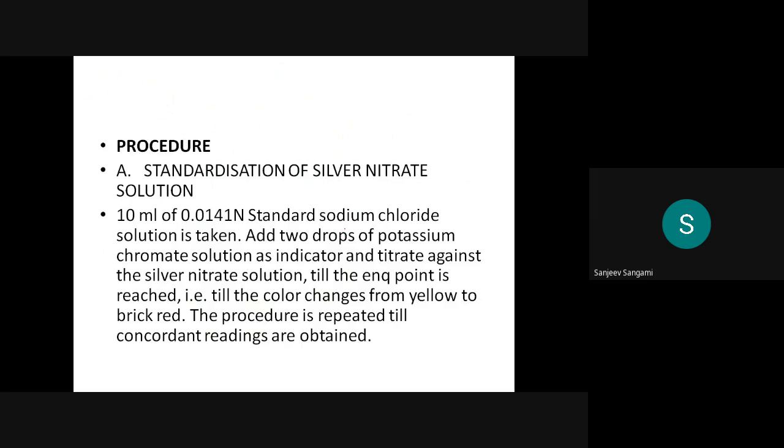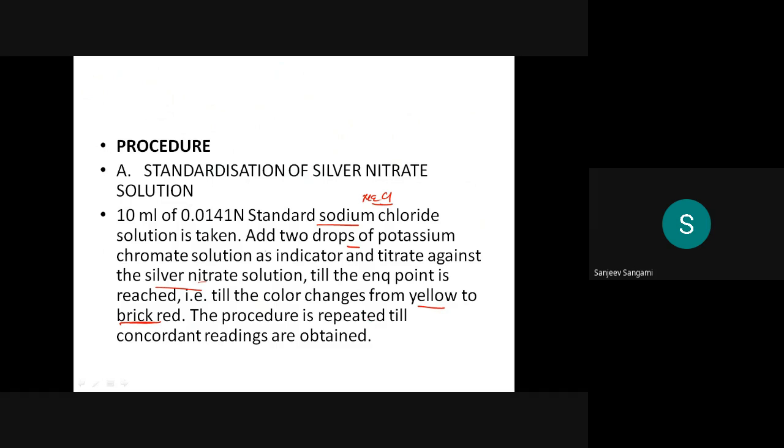The standardization, how exactly we are going to do it in the standard solution. For that we are taking sodium chloride solution, that is NaCl. We take 10 ml, add 2 drops of potassium chromate solution as an indicator and titrate it against silver nitrate solution till the end point is reached. That is, it changes from yellow to brick red. This brick red is the end point.